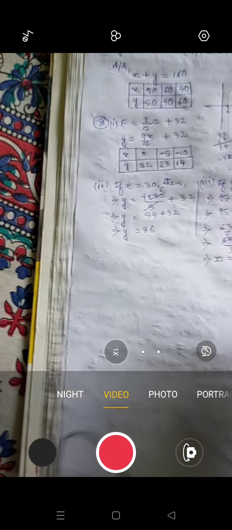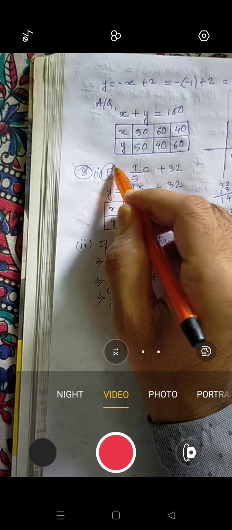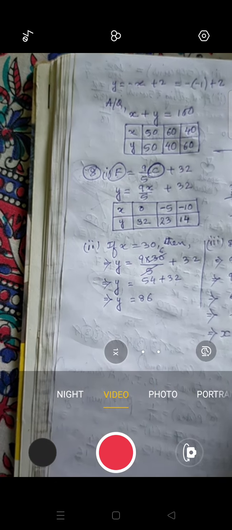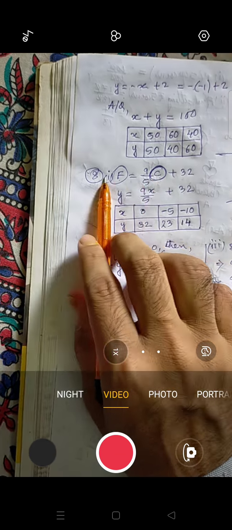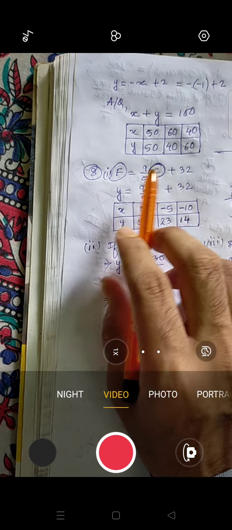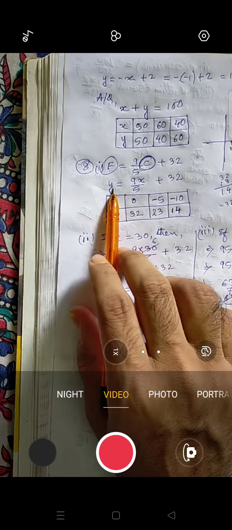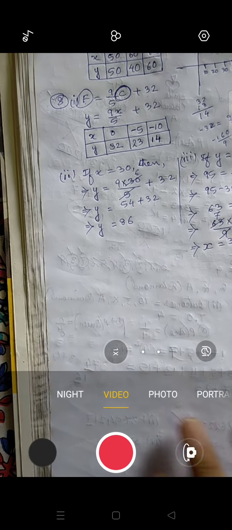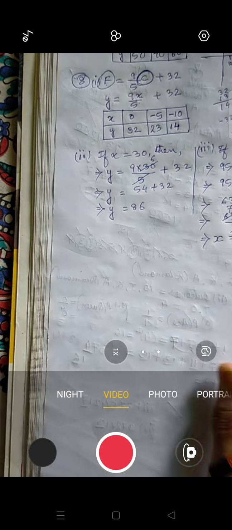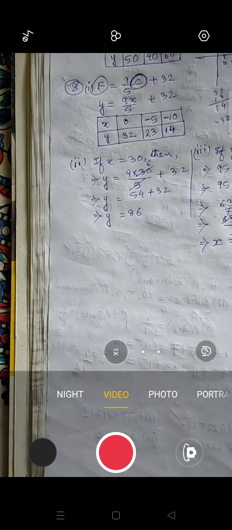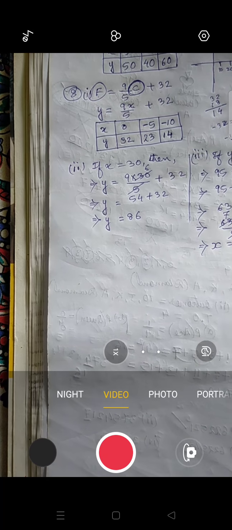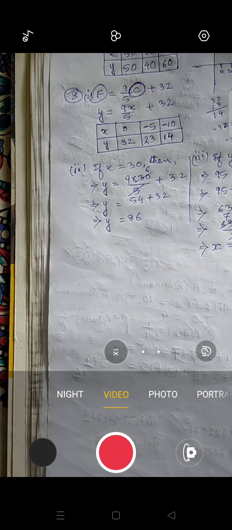We need to find, are they same? So we are taking both as the same alphabet. Here we have already taken x and y, so leave x and y, take another value. I am taking A.